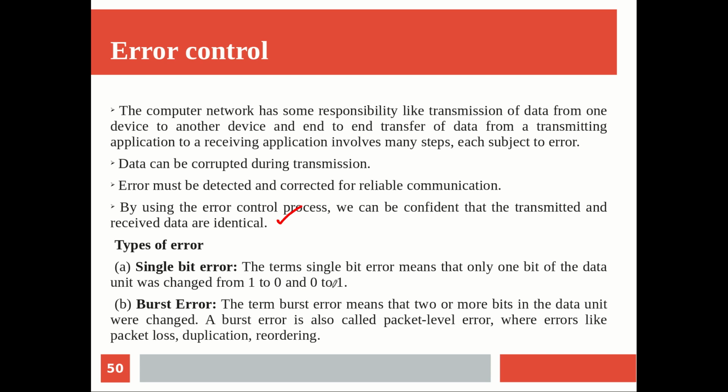Now what about a sequence of errors happening together, maybe due to a natural catastrophe or some other failure on the way? A set of bits together may fail. So the term burst error means that two or more bits in the data unit are changed together.